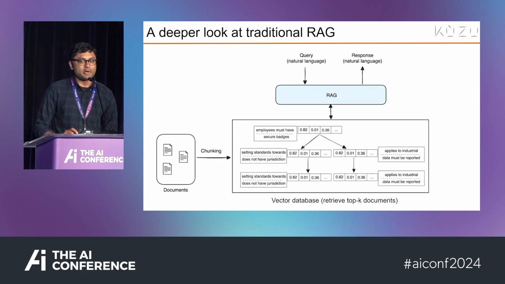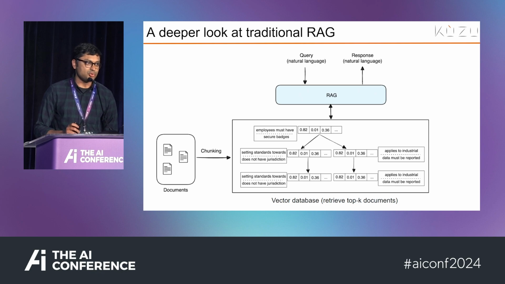Let's take a little bit of a deeper look at what we call traditional RAG. If you're familiar with RAG, you'll find this diagram very familiar, which is you typically have data that you chunk, and you have various chunking strategies. But the idea is that each chunk has a vector embedding associated with it. And you might have a hierarchy in those embeddings, in the sense that certain documents contain chunks and certain chunks are related to other chunks.